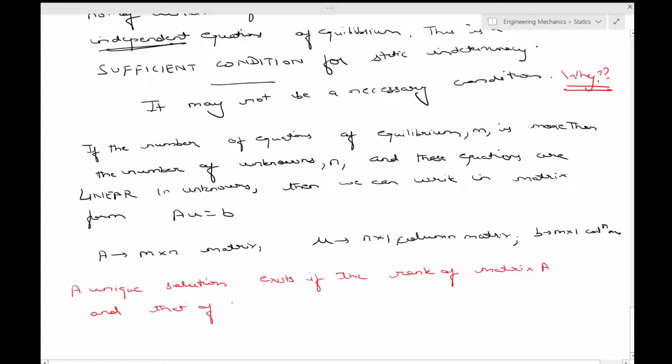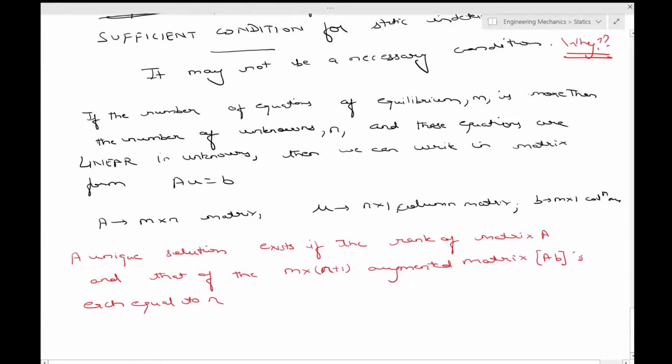And that of the M into N plus 1 augmented matrix is equal to N. Then in this case it is statically determinate.